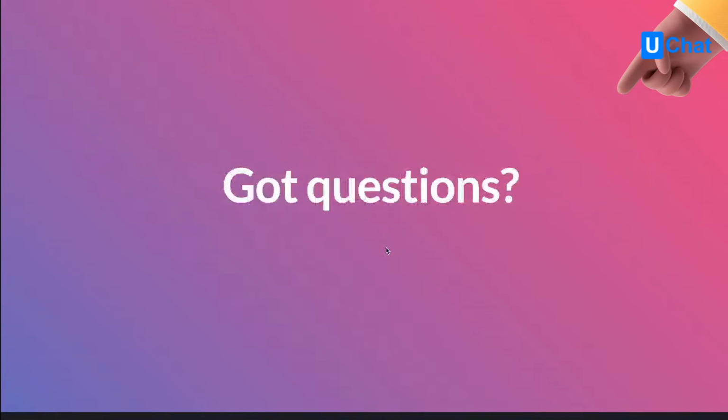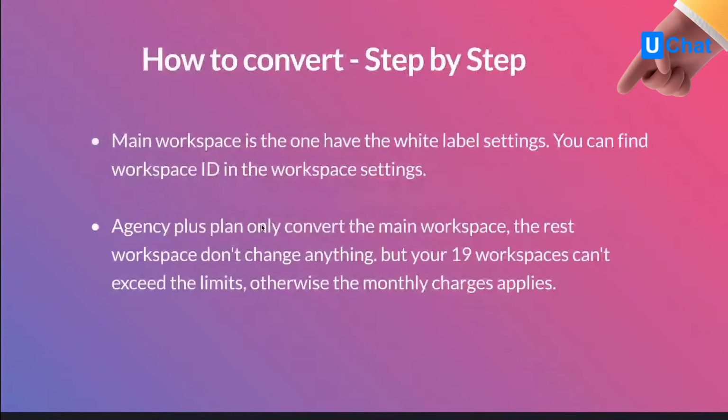Okay, so that is how you can join our partner program. And I explained that the main workspace is the one that has the white label settings. We will go through the emails, and whoever sends an email to confirm the upgrade and also offers that workspace ID, we will send a coupon code to them first.